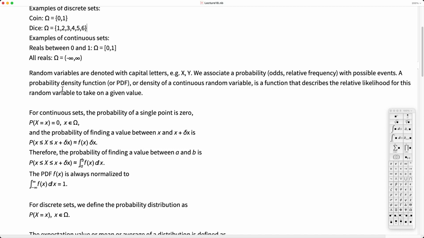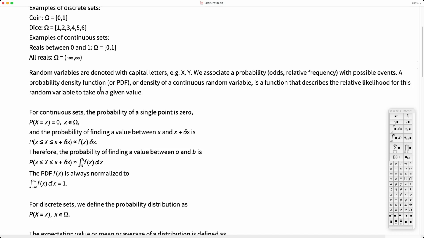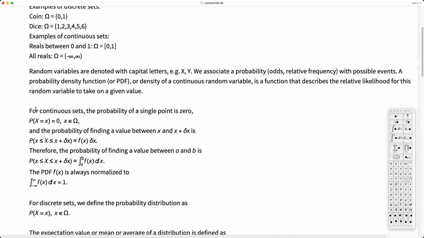And a probability density function, or the density of a continuous random variable, is a function that describes the relative likelihood for this random variable to take on a given value. So, for example, for continuous sets, the probability of a single point is 0. So that's an infinitesimally small probability of having a specific value x, small x.